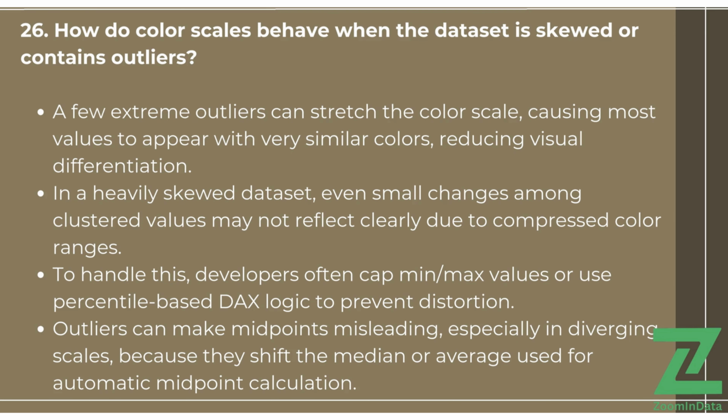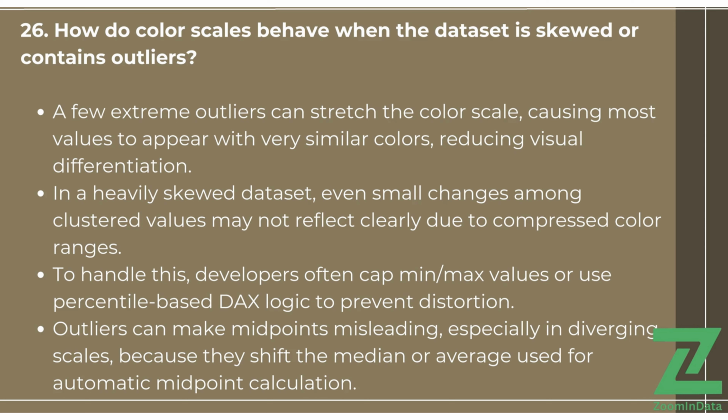A few extreme outliers can stretch the color scale, causing most values to appear with very similar colors, reducing visual differentiation. In a heavily skewed dataset, even small changes among clustered values may not reflect clearly due to compressed color ranges. To handle this, developers often cap min or max values or use percentile-based DAX logic to prevent distortion.